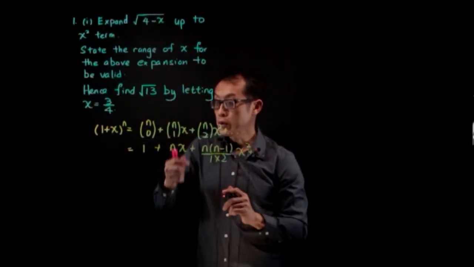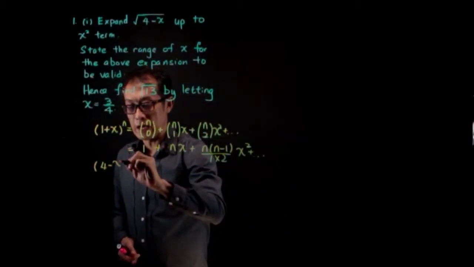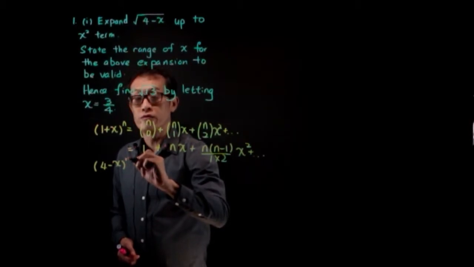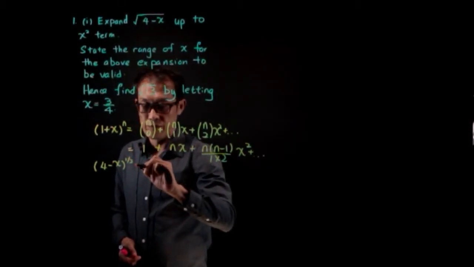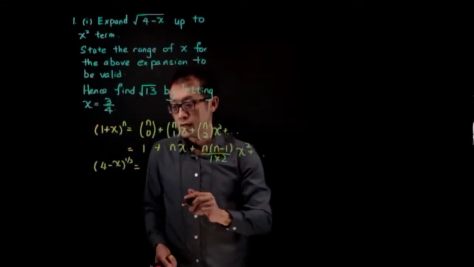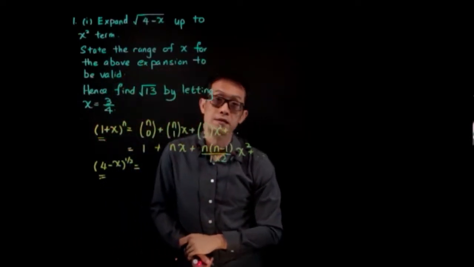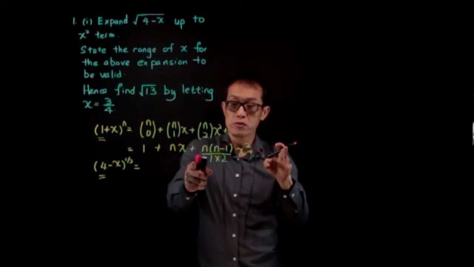Now we want to expand 4 minus x to the power of half. How to do that? We must make this 1, alright? Then we can compare and use this expansion.